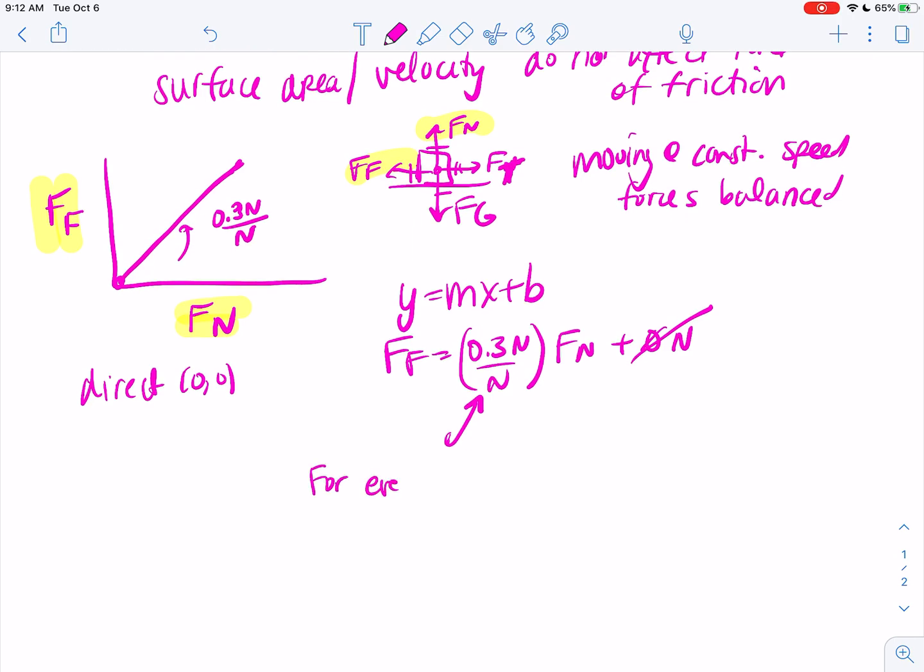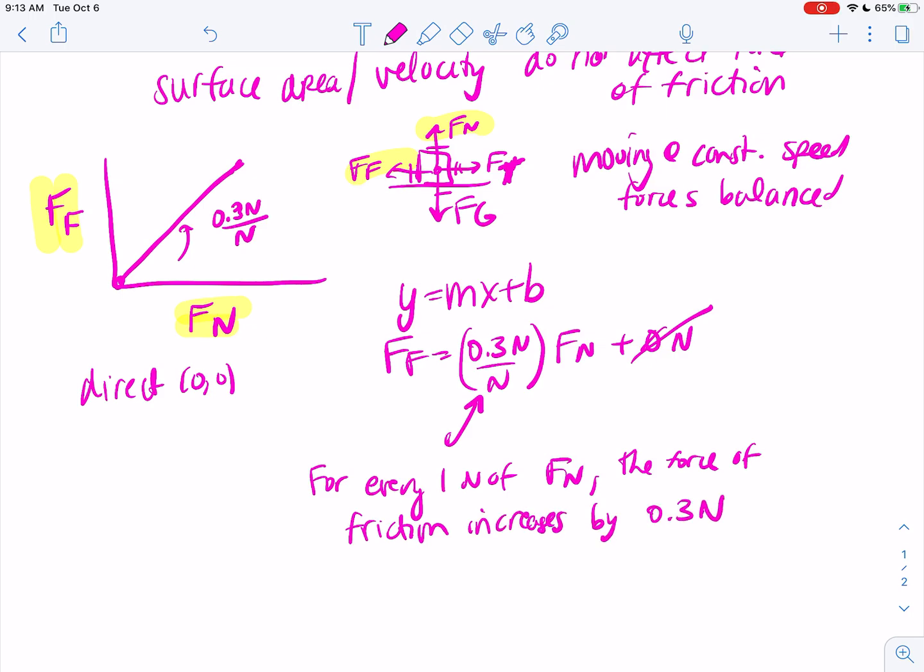For every 1 newton of normal force, how hard those surfaces are pressing together, the force of friction increases by whatever your slope was, in this case, 0.3 newtons. That's what the slope is telling us. The harder you press those surfaces together, the more friction there is.